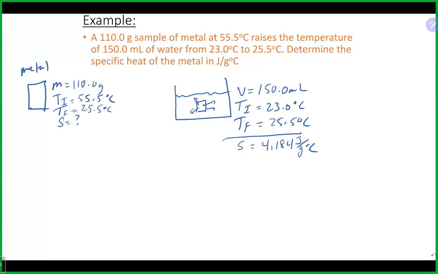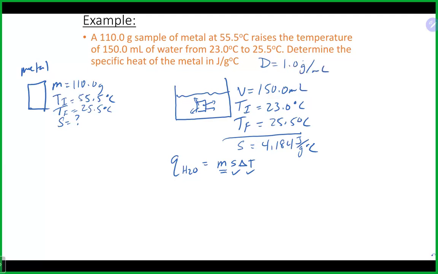So if we think about our water here and the specific heat capacity formula for water, Q is equal to m s delta T. We have delta T, we have s. We don't exactly have the mass, but we do have the volume. And another number that we should know for water is that the density of water is 1 gram per milliliter.